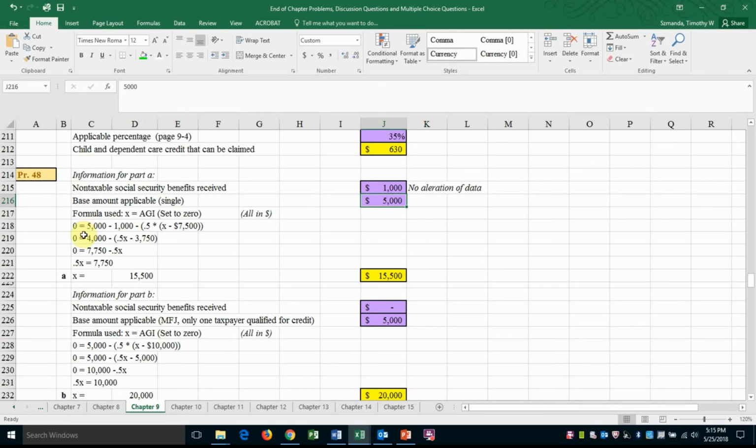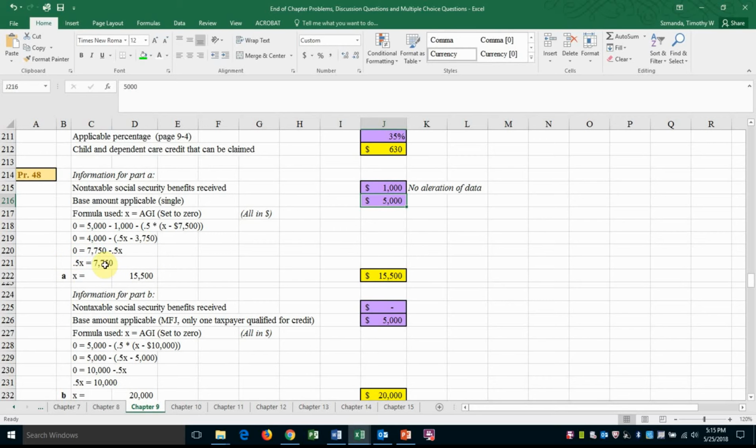So continuing to solve the algebra problem here, 0 is 4,000 minus 0.5x minus 3,750, which is half of 7,500. And then continuing the math, we have 0 is 7,750 minus 0.5x.